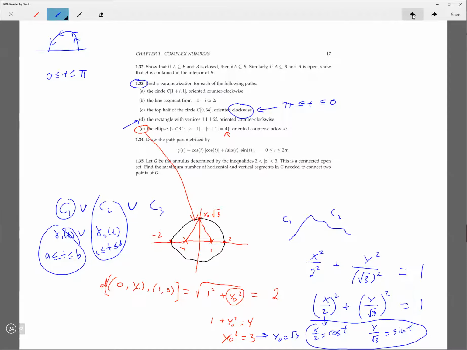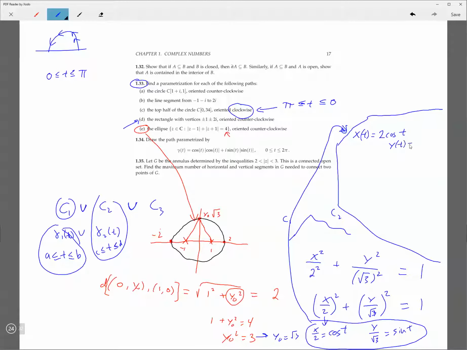I'll draw the arrow this way, and we'll continue this right here. So we have x of t equals 2 cosine t, and y of t, I'm just solving for x and y, equals the square root of 3 sine t.